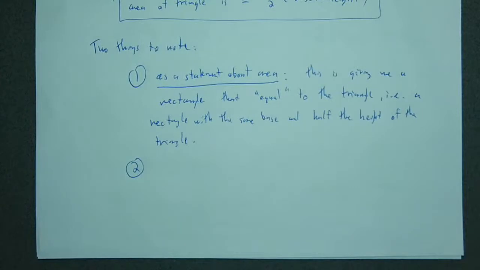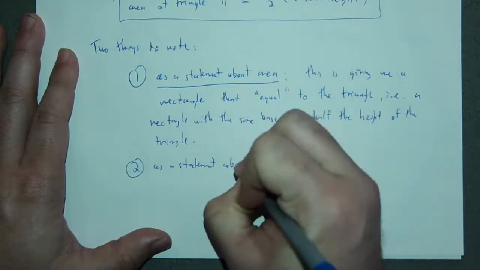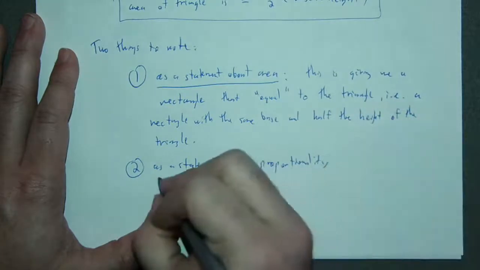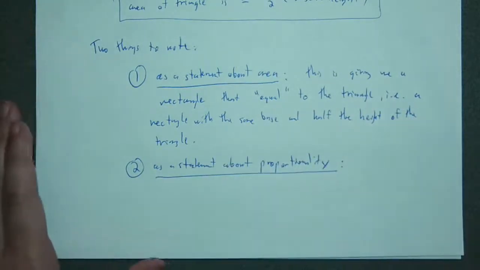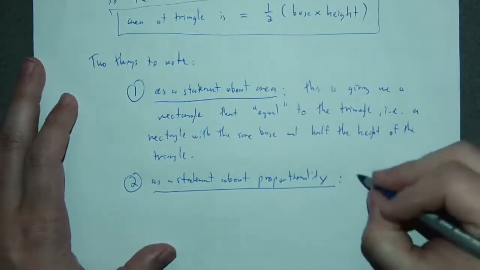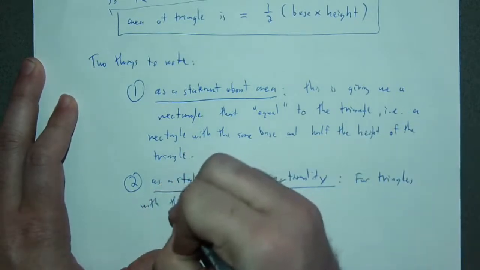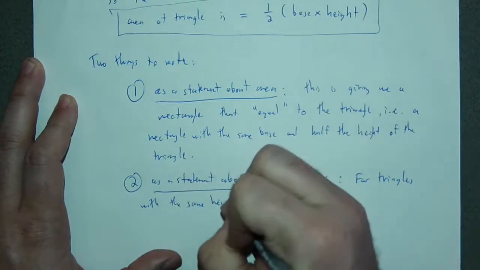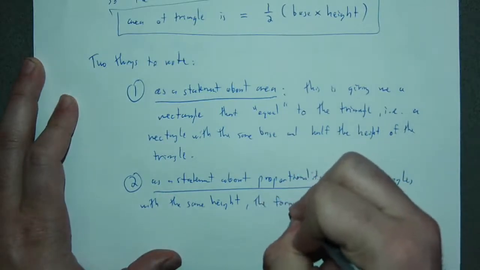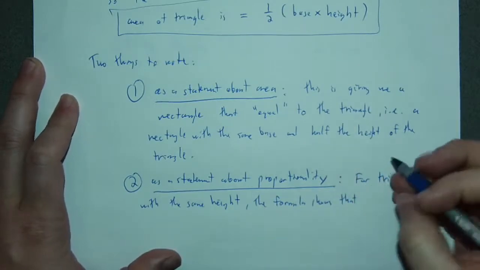Secondly, a thing to note here is a statement about proportionality. What does this say? For triangles with the same height, the formula shows that the areas are proportional to their bases.